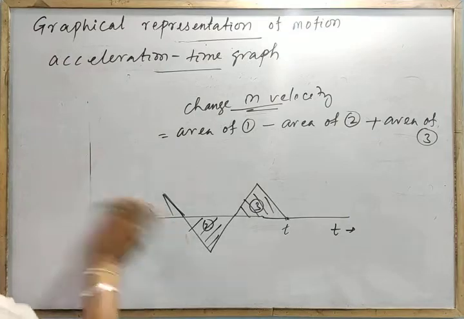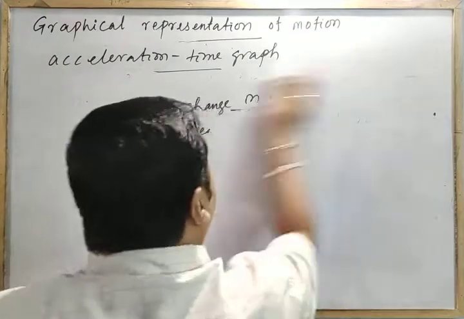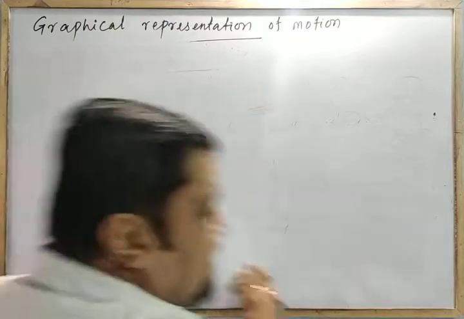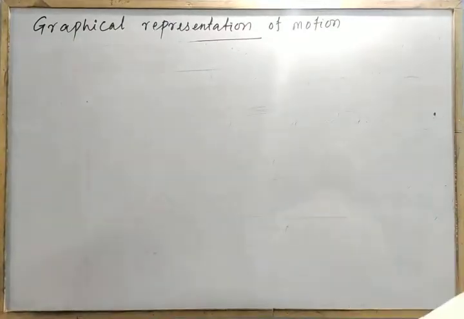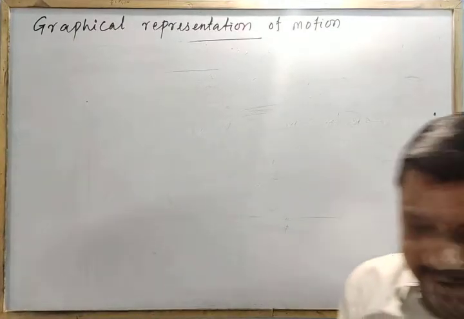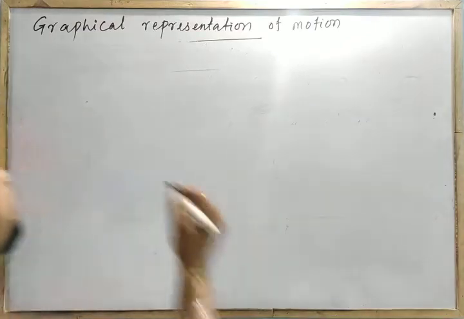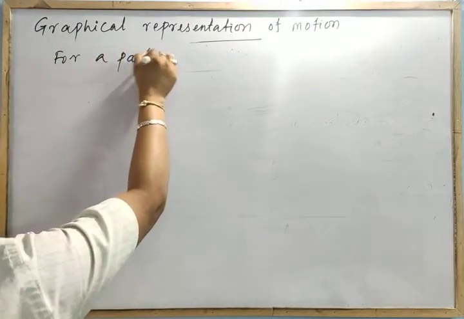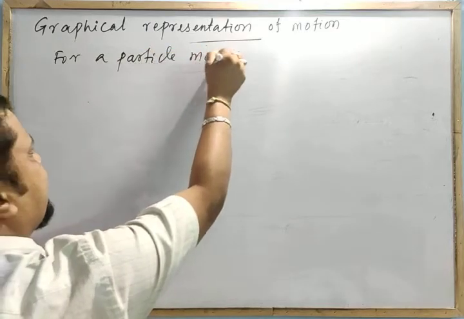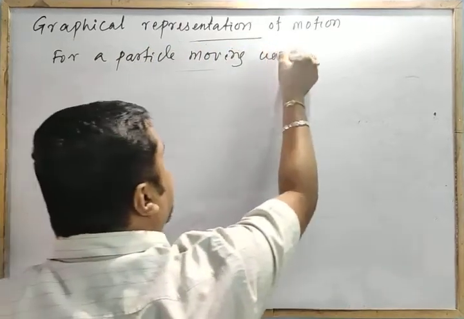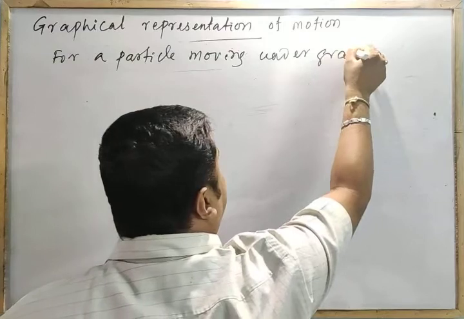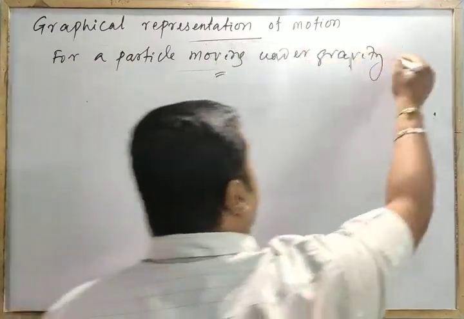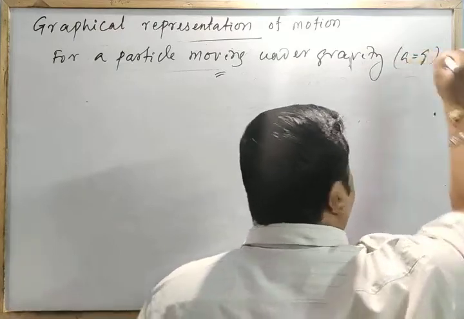Now we will go to a freely falling body. If I ask you how to draw the graphs for a freely falling body, a particle moving under gravity, it means acceleration is equal to g.